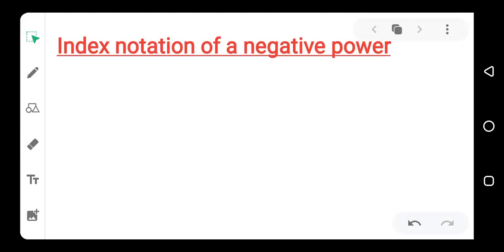Today we want to continue with our discussion on index notation, and we are going to be learning how to find the index notation of a negative power, that is a number that has a negative power. How do we get the index notation of it?